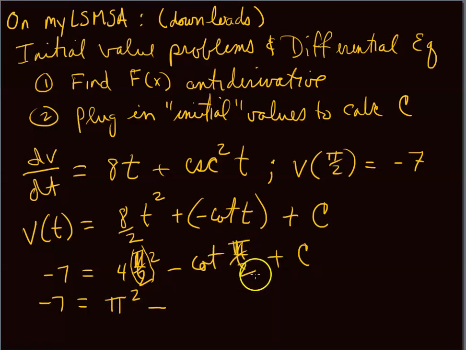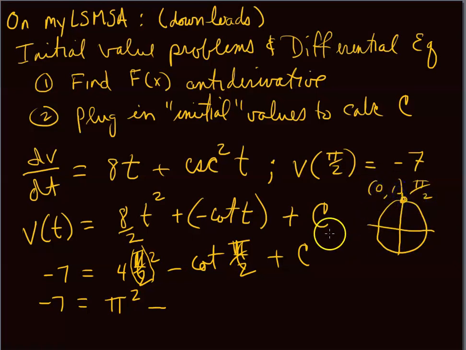Cotangent at pi over 2. Well, if we remember our trig, and that's one of the reasons you take trig first, at pi over 2 we're up here, which is the point (0, 1). The cotangent is x over y, so it's 0 over 1, plus C. So this is a 0.